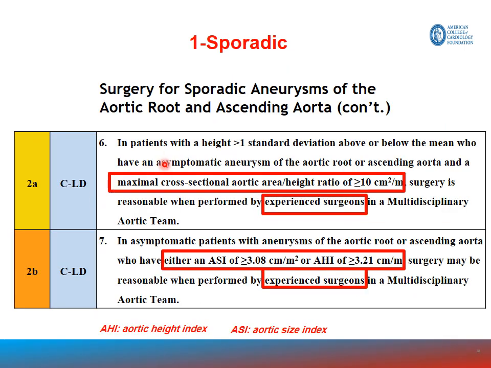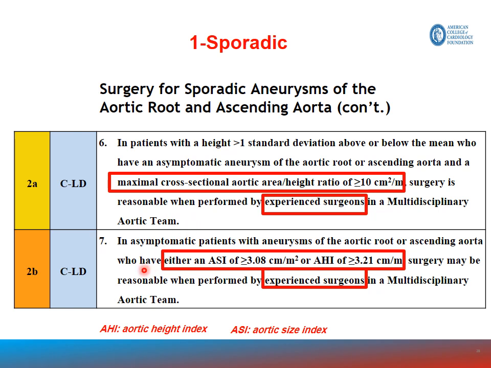What about the indexed parameters? In patients with maximal cross-sectional aortic area divided by height ratio of 10 cm² per meter, surgery is reasonable when performed by an experienced surgeon in a multidisciplinary aortic team.